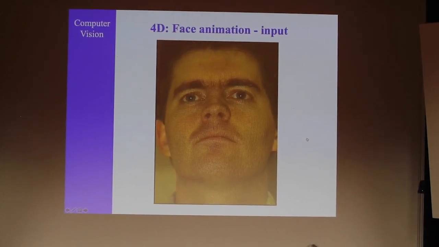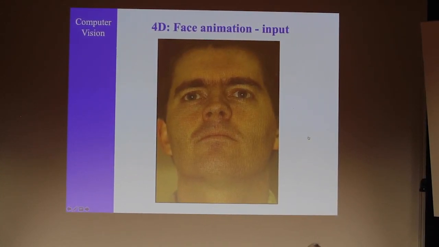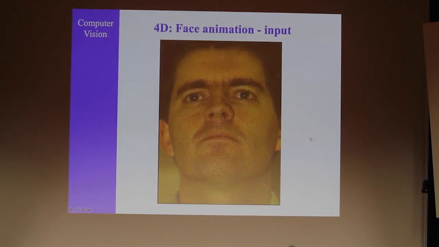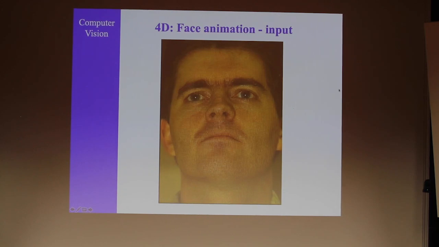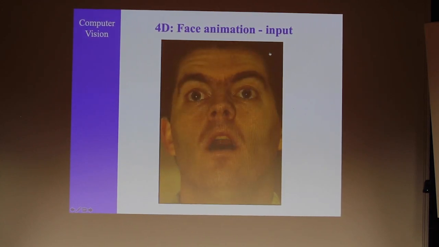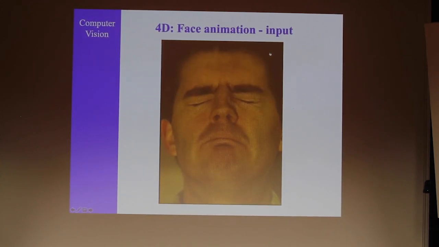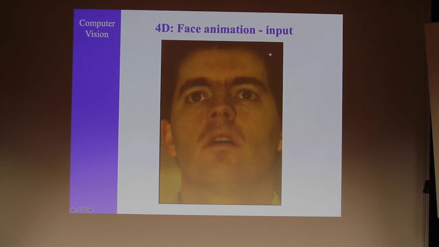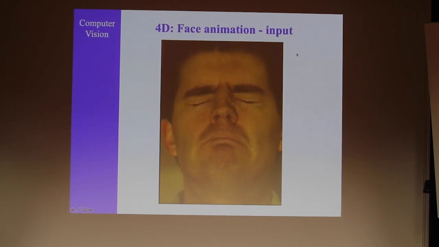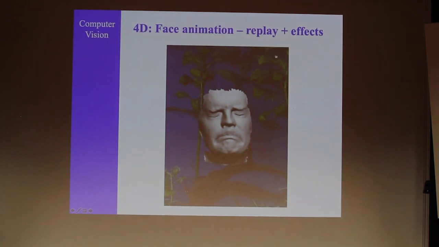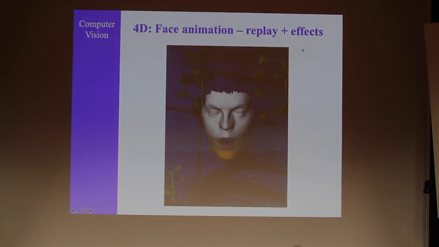You can then glue them all together again. You can get a kind of 4D movie, a 3D plus time movie. So that would be like the original performance. And then from that, you can make all these 3D reconstructions and play.